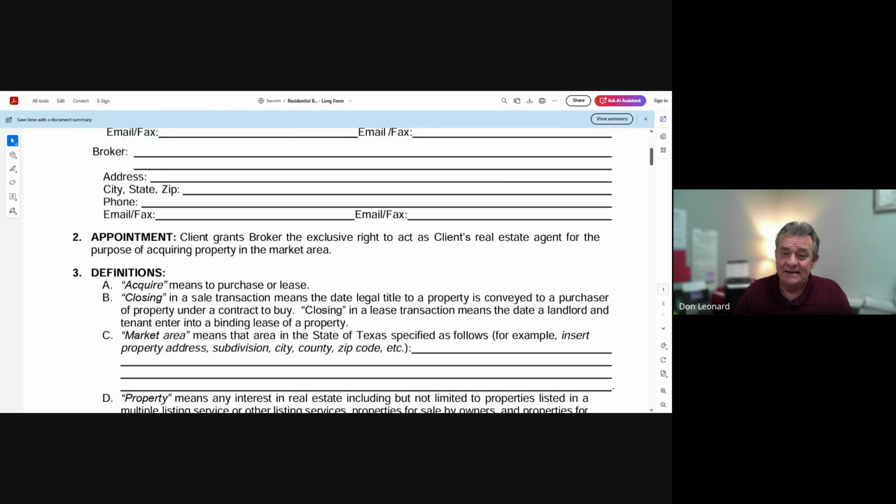Because here's the thing, competency, and the real estate commission is cracking down on agents who are doing transactions where they are not competent. There's geographic competency and there's transactional competency.